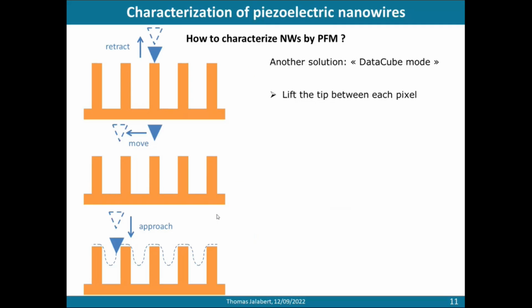So the solution we use is what we call the data cube mode. We have a tip which is in contact with the nanowire so that we can measure the piezo response properties, and we retract it. We can move it and approach again, changing the position of the tip instead of staying in contact. So we lift the tip between each pixel.